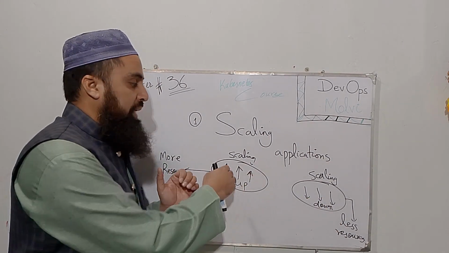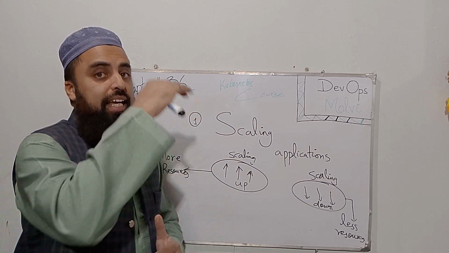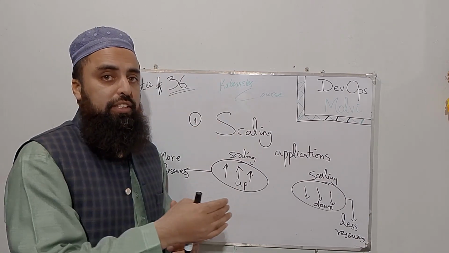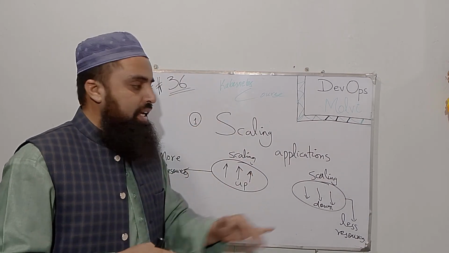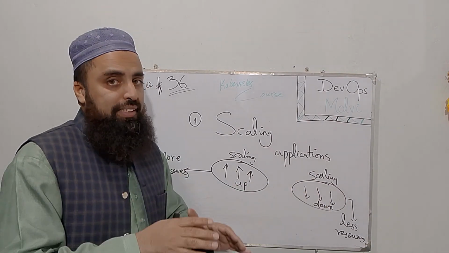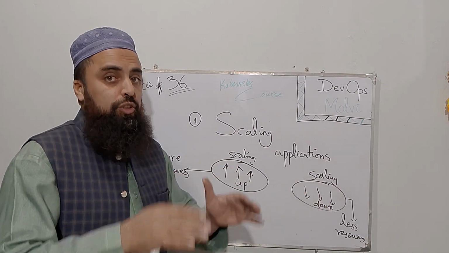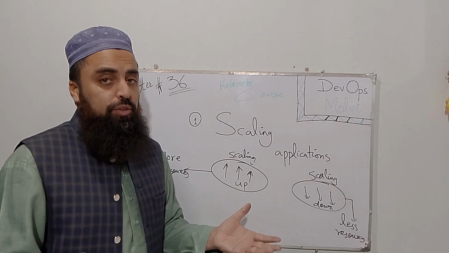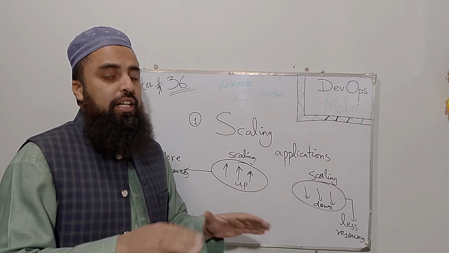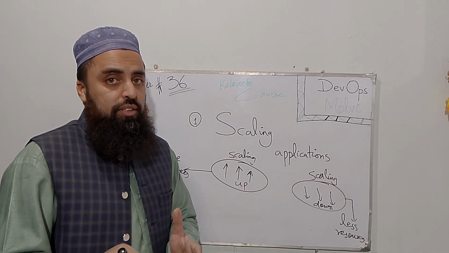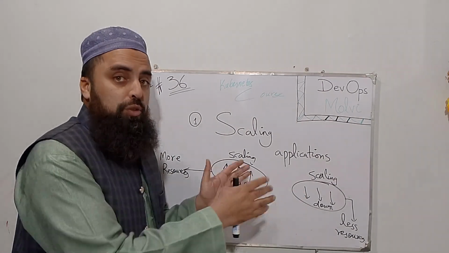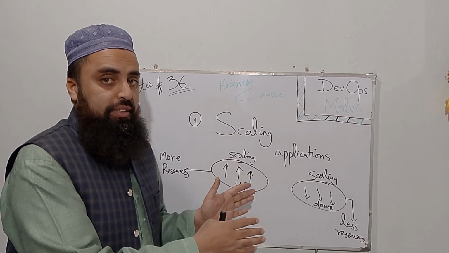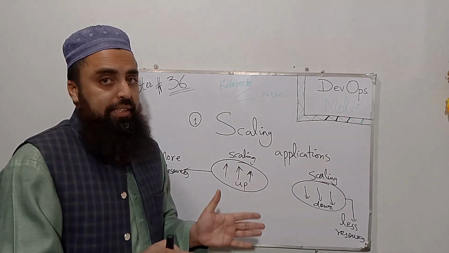More users mean the application should scale up and handle all those users. Fewer users mean the application should scale down and all the extra resources should be deleted to avoid the cost. This should be an automated process, and that's what Kubernetes does.